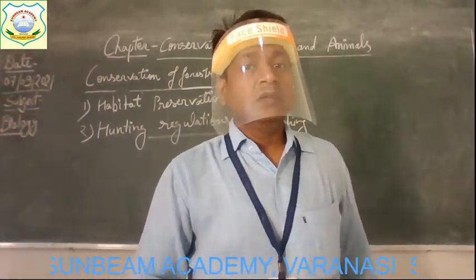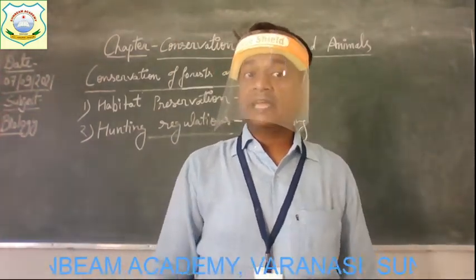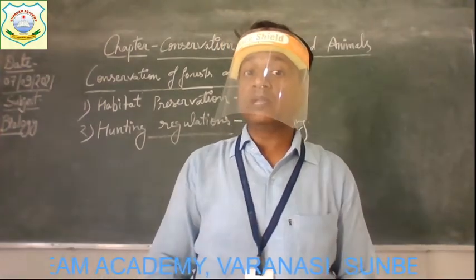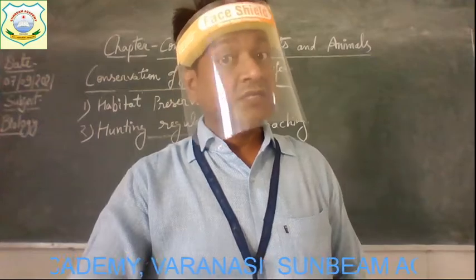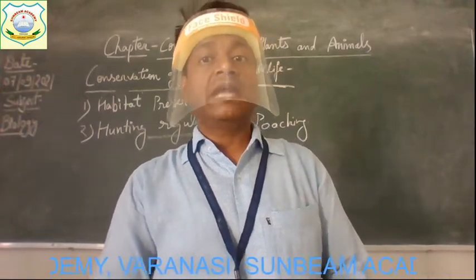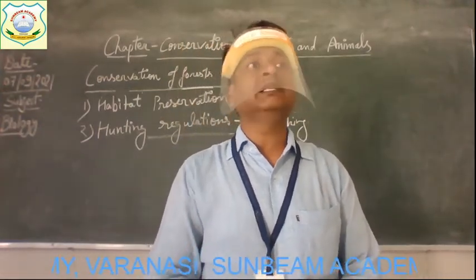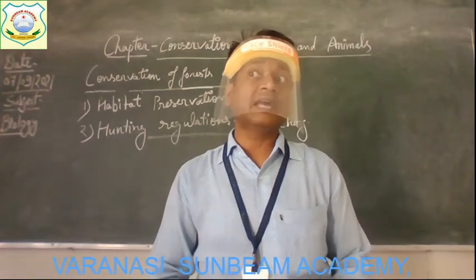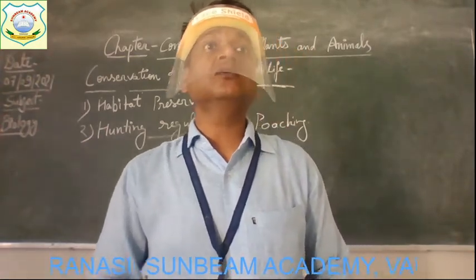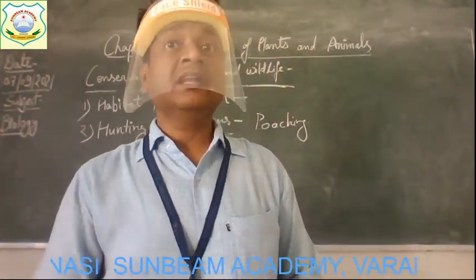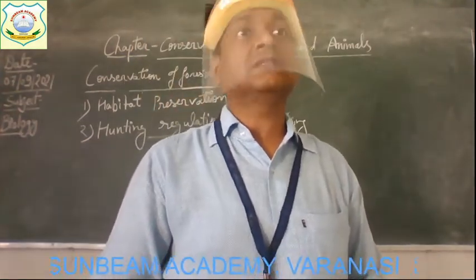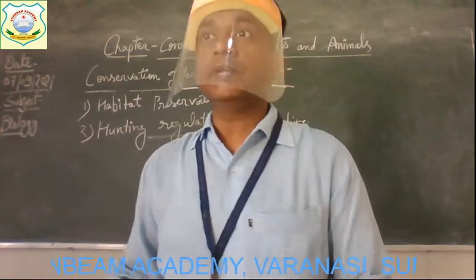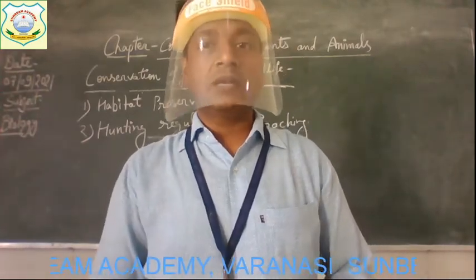So this hunting of tiger is banned, yet they are being regularly killed for their skin and bones that fetch a large amount of money. Why are the tigers killed? Because their skin and bones are sold in the market at high prices. That is why people go hunting and killing them.